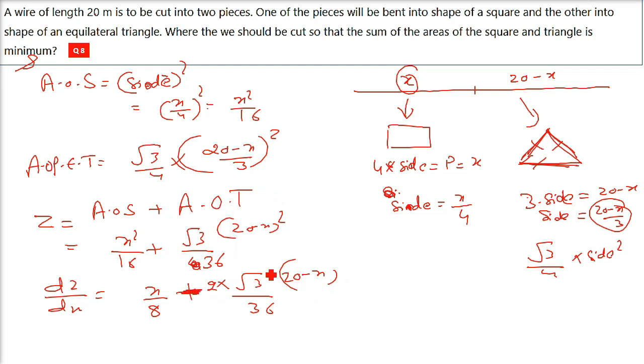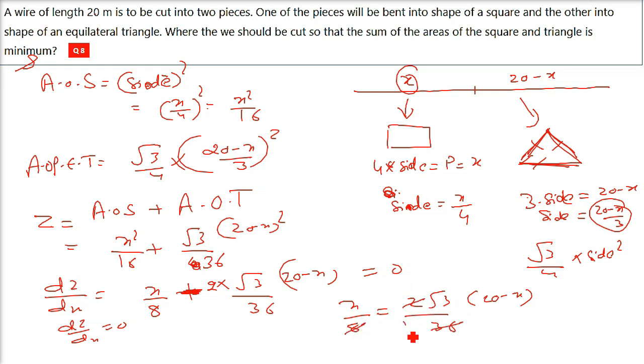Now the next step is, for minimum or maximum, whichever way you want, it has to be equated to 0 in order to get the critical point, which is the length of the wire here. So just equate this to 0. The left hand side and right hand side will come on the LHS and RHS, and from here you need to find x. I hope you'll be able to find x, because this is simple simplification of the numbers given here. 2 into 18 is this, and 4, and this is going to be 9.